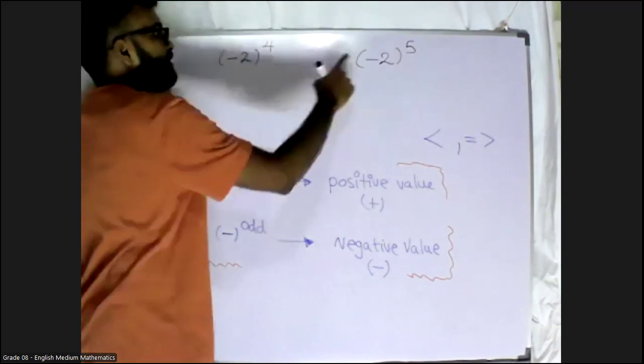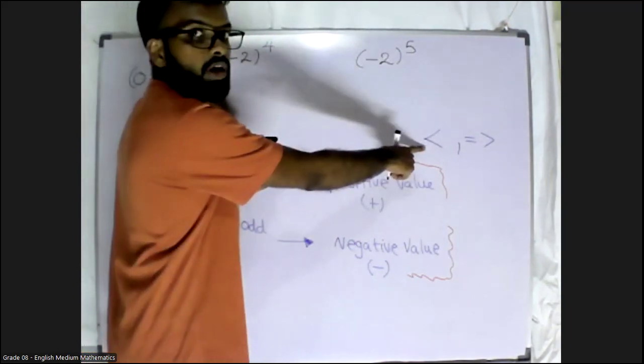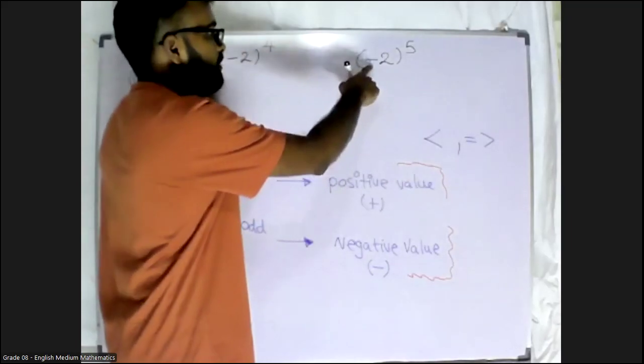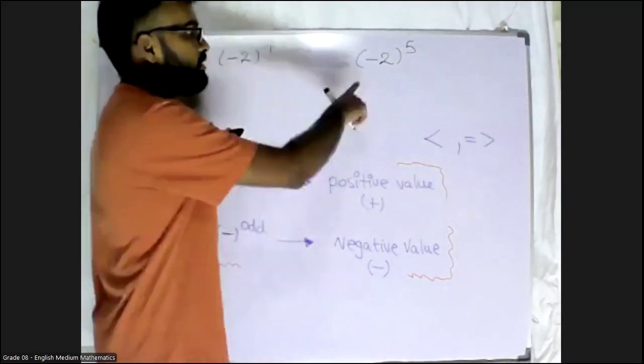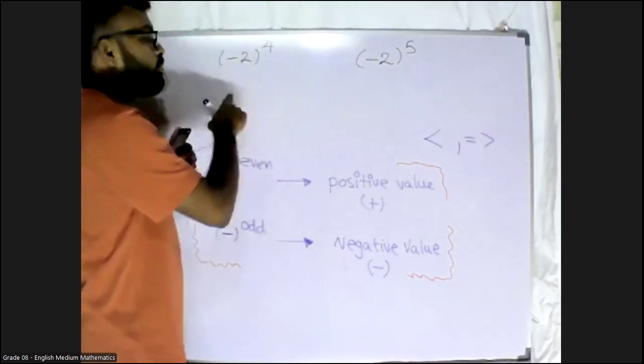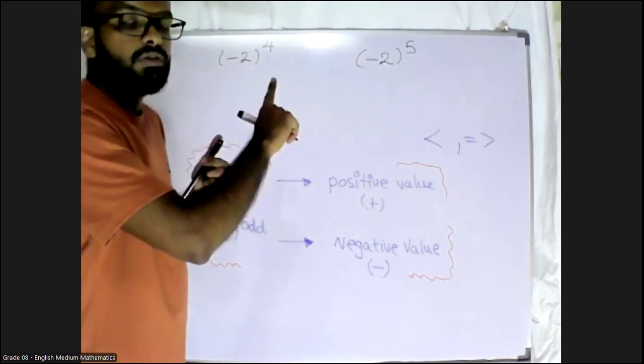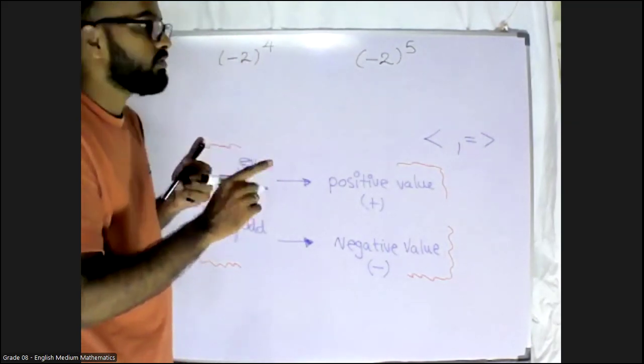By looking at the powers at once, you can choose the answer. This becomes negative, this becomes positive, so by looking at that, you have to decide what should be the answer. So I will discuss it.